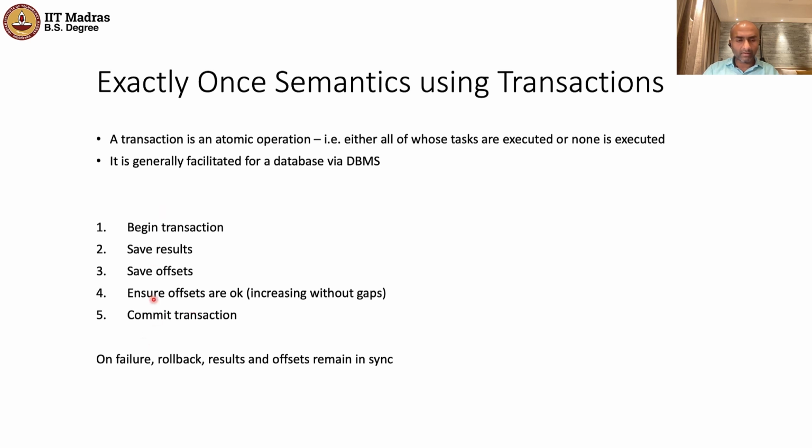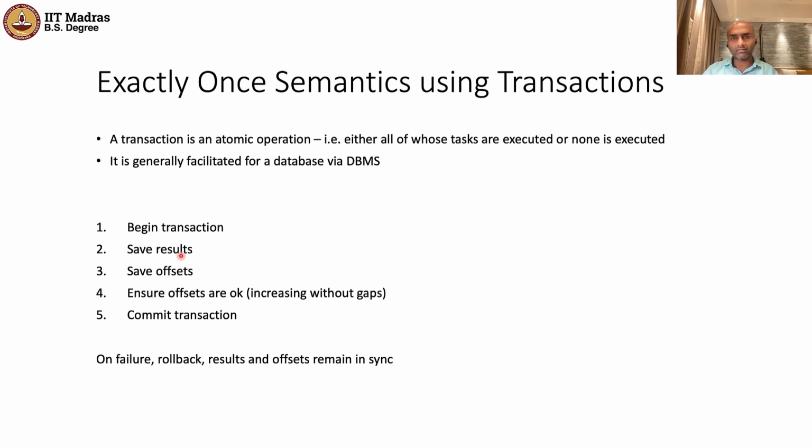So in this kind of setup, if a failure happens in between, the entire transaction block would not have executed, so the unit, which is all the things that happen within, would not have executed, and therefore you can begin the entire process again from the beginning without having to worry about whether the results are there or the offsets are there, etc.